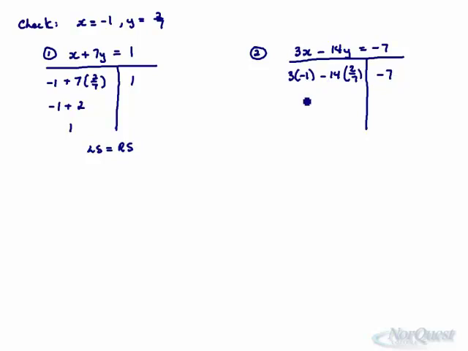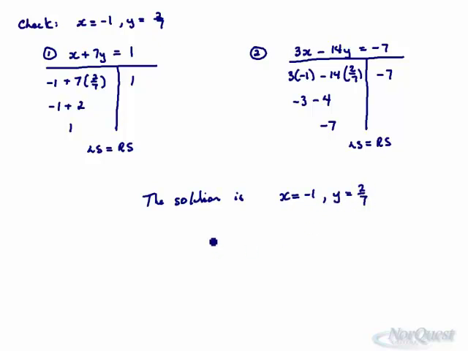Well, 3 times negative 1 is negative 3. 14 times 2 is 28 divided by 7, so we end up with minus 4. Negative 3 minus 4, negative 7 equals negative 7. Now we know the solution is x equals negative 1, y equals 2/7.